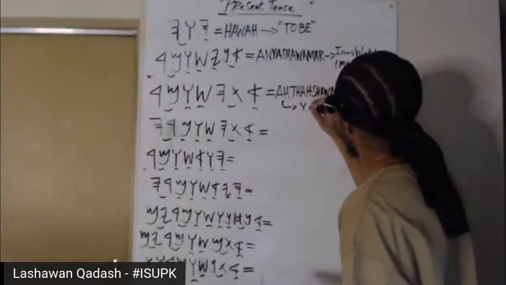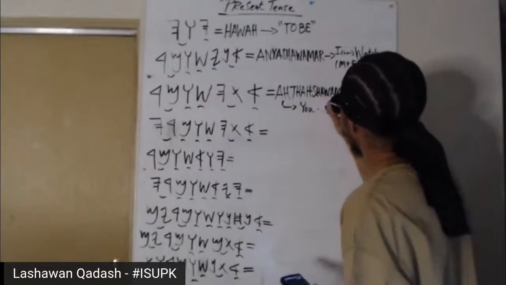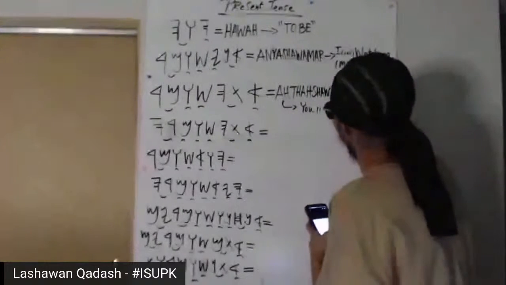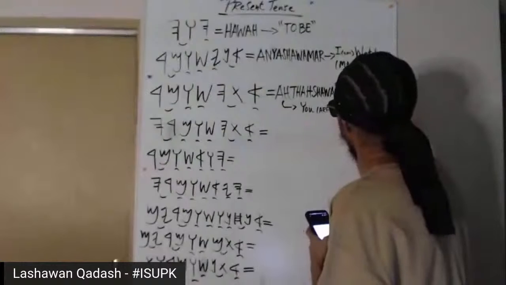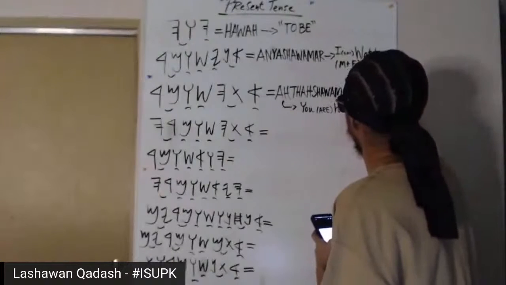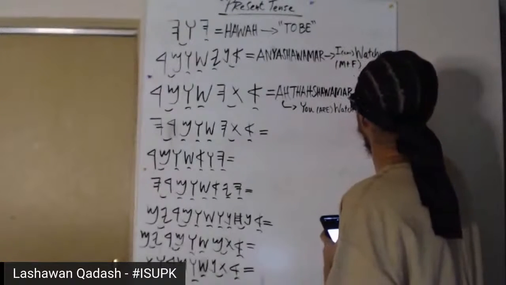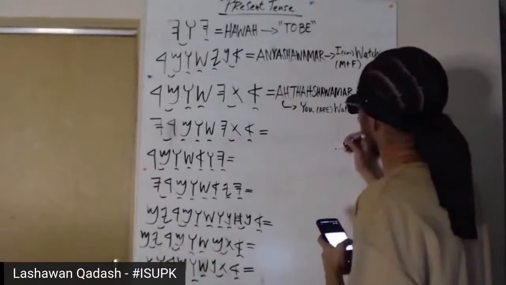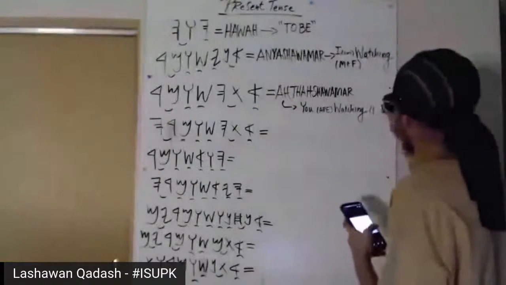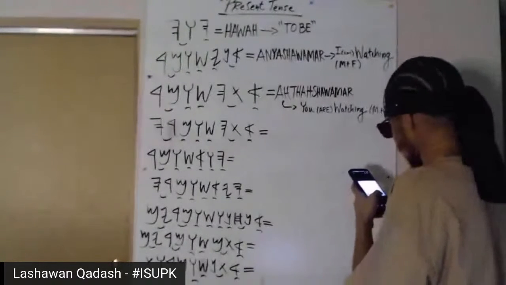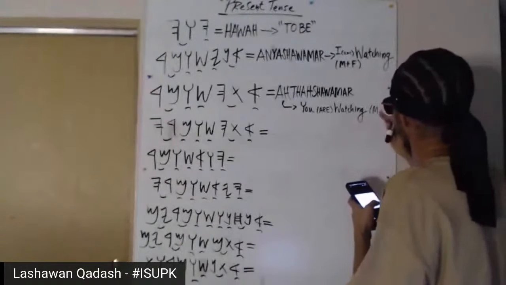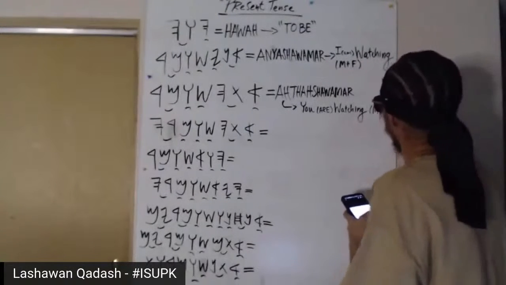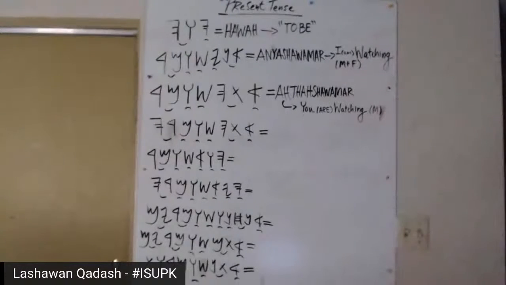All right, you. I'm just going to put this in parentheses so it makes more sense. Watching. All right, and this can also be masculine, and that's pretty much it, just masculine for the atha.